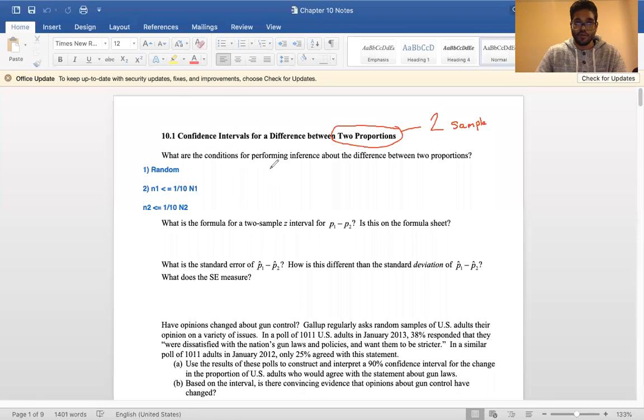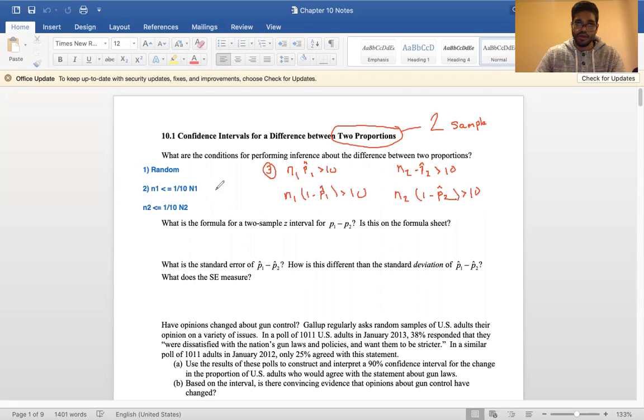All right, so for part three, the third thing you've got to check: n1 times p hat 1 needs to be greater than 10. n1 times 1 minus p hat 1 needs to be greater than 10. And then you've got to check the other ones. n2 times p hat 2 needs to be greater than 10, and n2 times 1 minus p hat 2 needs to be greater than 10.